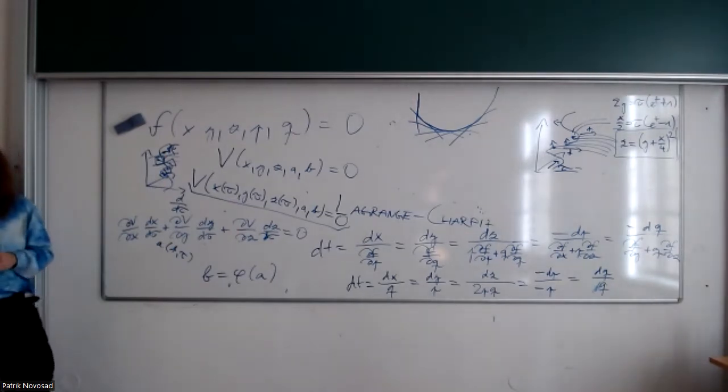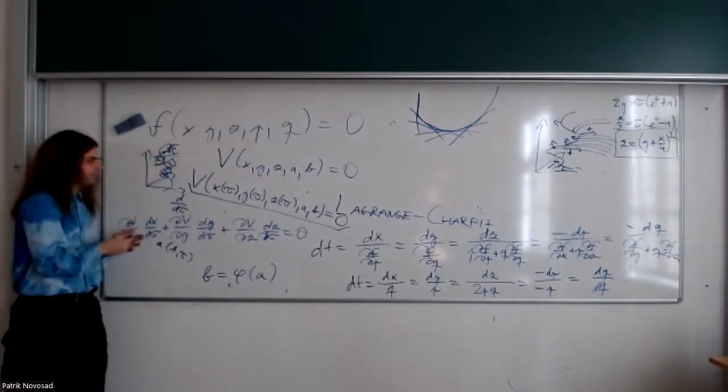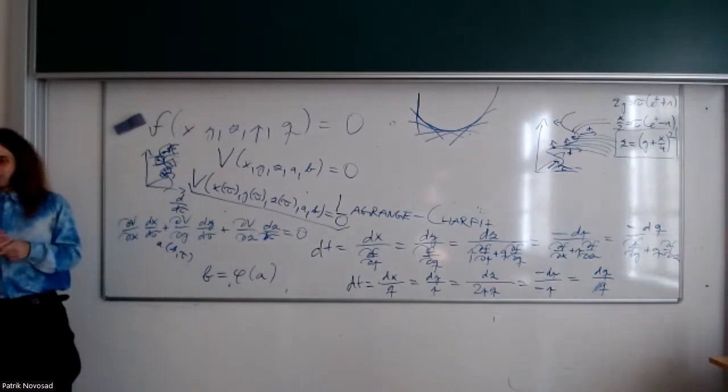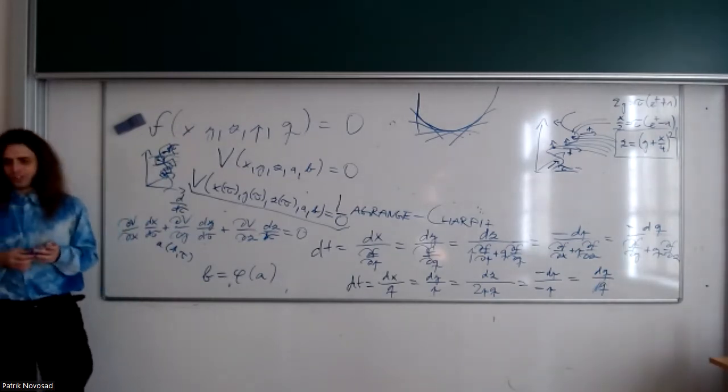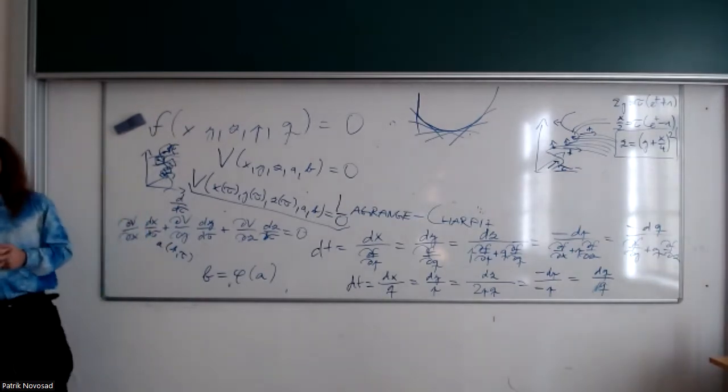And similarly, since each of those surfaces that we were trying to envelope was a solution, that means that it was touching the launch cone at each of its points.